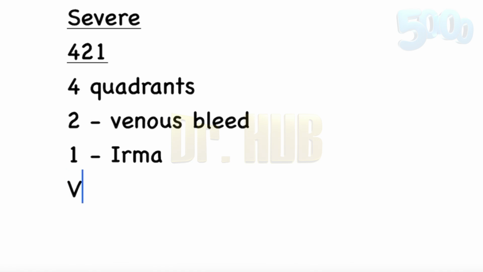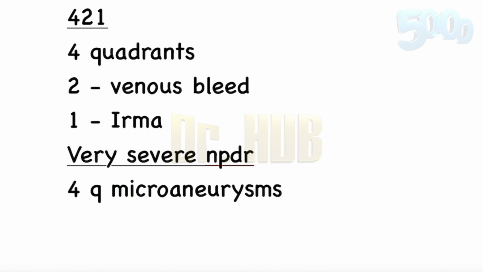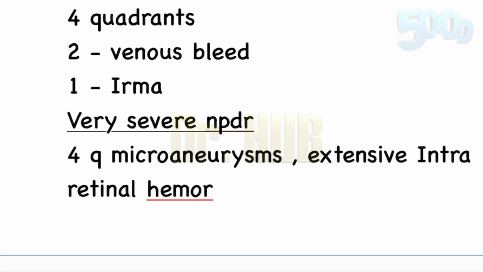Next we move on to something known as very severe NPDR. Very severe NPDR includes the 4-to-1 rule again. So this includes 4 quadrants of microaneurysms and extensive intraretinal hemorrhages.